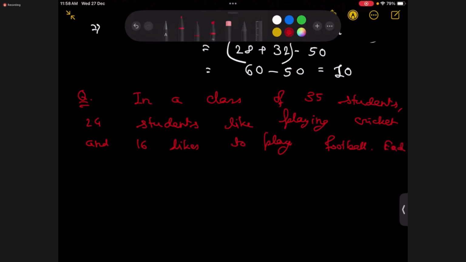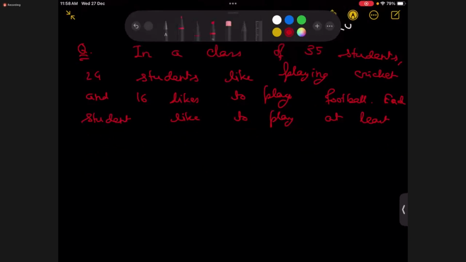Each student likes to play at least one of these two games.